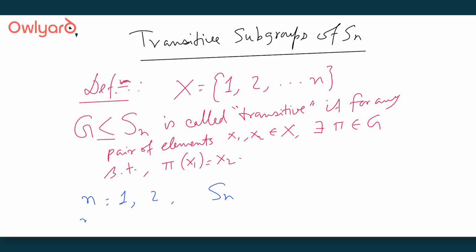For n equal to 3, you can show that other than S_3, A_3 is also a transitive subgroup of S_3. For n equals 4, the list actually grows, and we are not going to go in that direction right now. But this will be our center stage at some point.